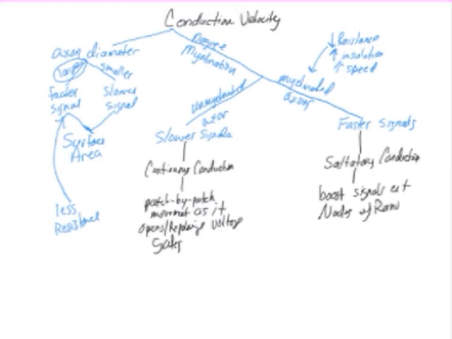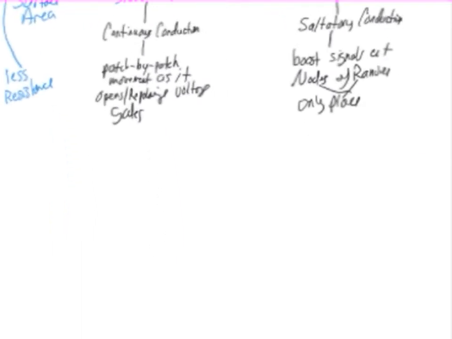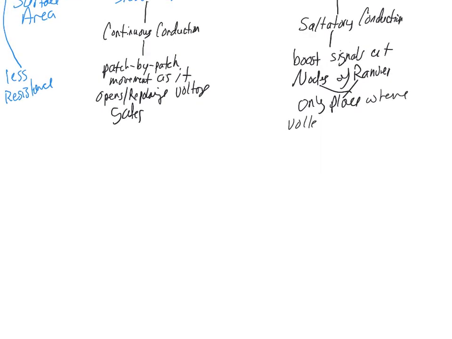Nodes of Ranvier are going to be the only place where voltage gates are exposed to the interstitial fluid where you've got those sodium ions hanging out.